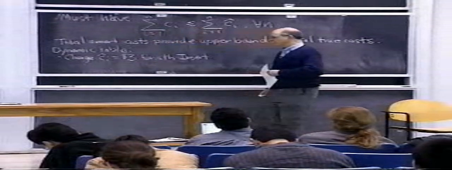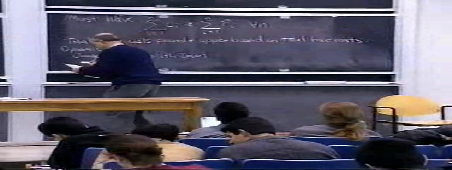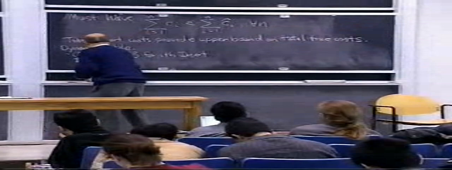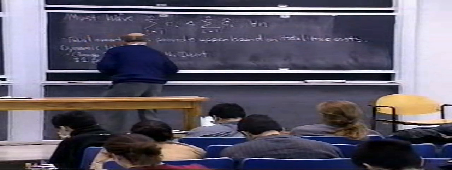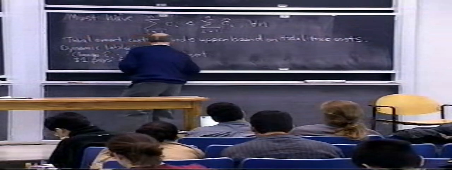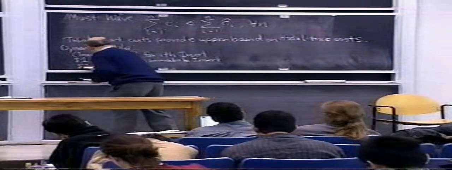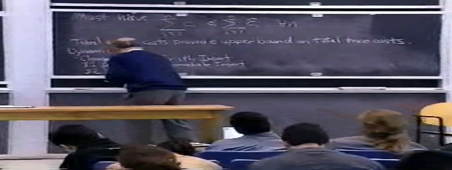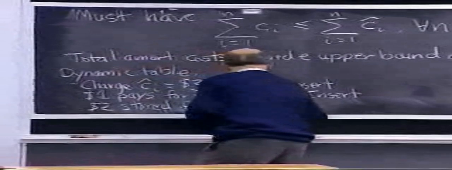Every insert gets charged $3. $1 pays for the immediate insert, and $2 are stored for table doubling when it occurs.